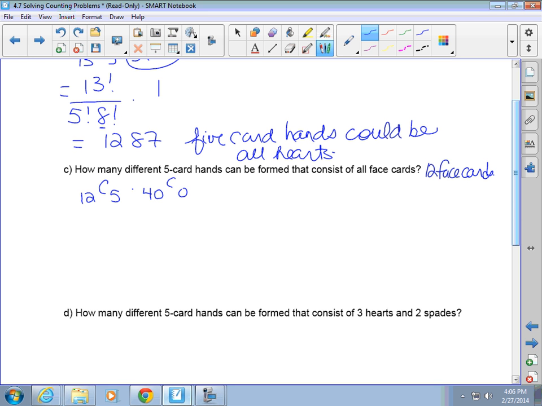Anytime you're choosing 0, there's only one combination of doing that. And this should say 40 non-face. So this is the same as 12 factorial over 7 factorial times 5 factorial, 792 5-card hands that could be all face cards.